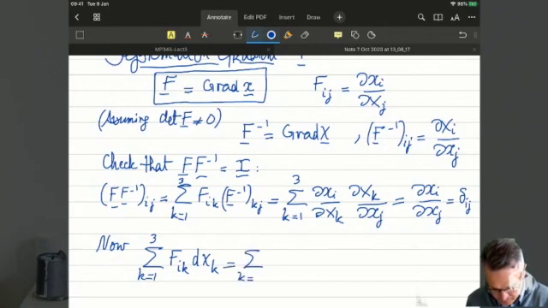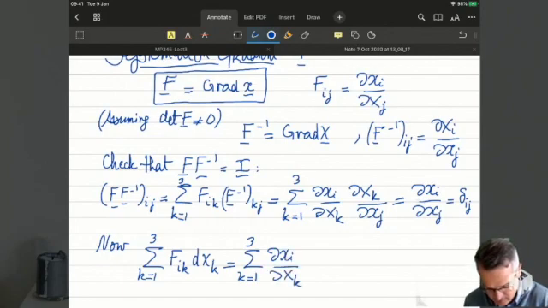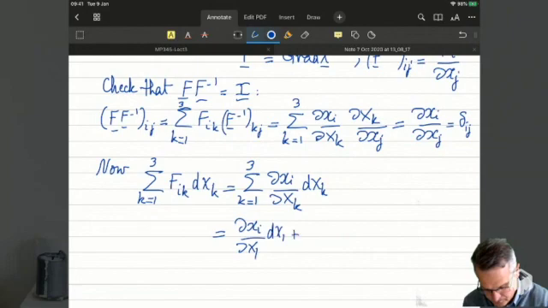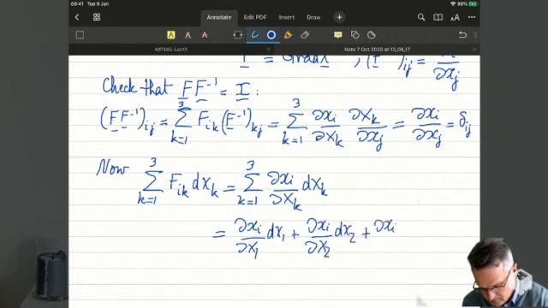That's going to be dxk. Or if I want to write it explicitly, it's going to be dxi dX1, dxi dX2, dxi dX3.